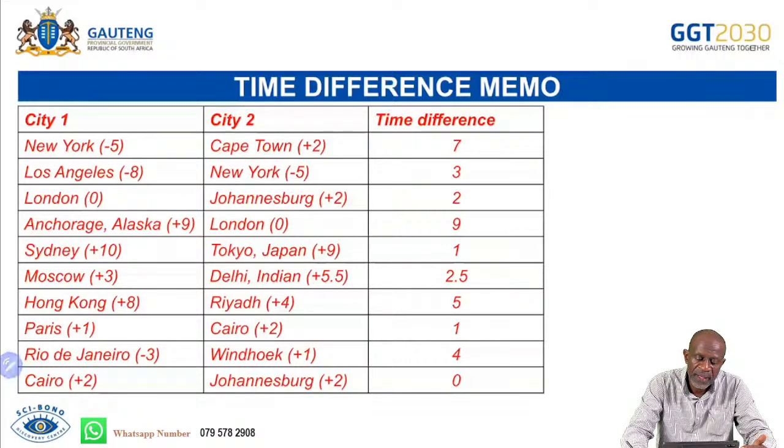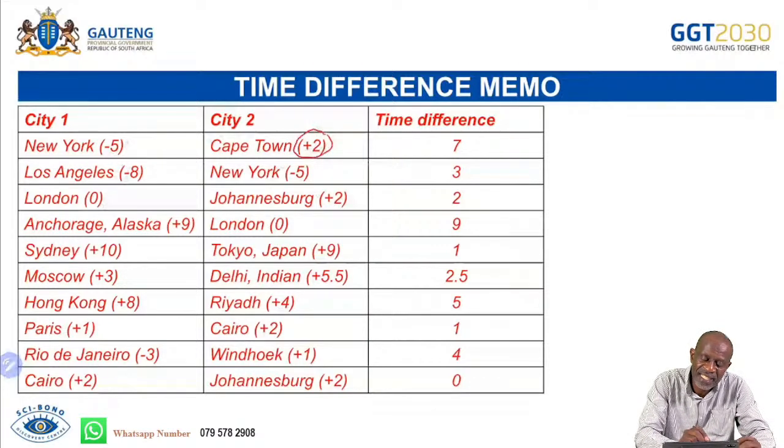Now, here are the time differences for the questions that we had earlier. It was asking us to determine the time difference between New York and Cape Town. New York is at -5, Cape Town is at +2. As we have done the counts, as in the case of Johannesburg, which is in South Africa, the timeline that the rest of South Africa gets time from is +2.